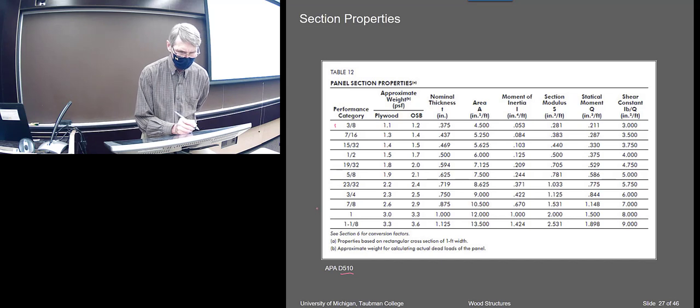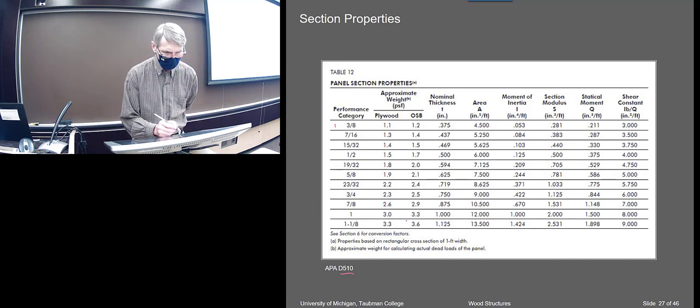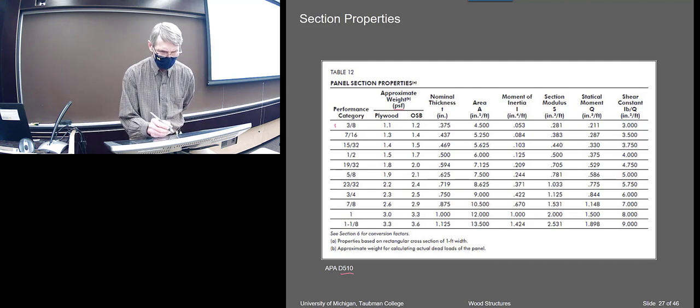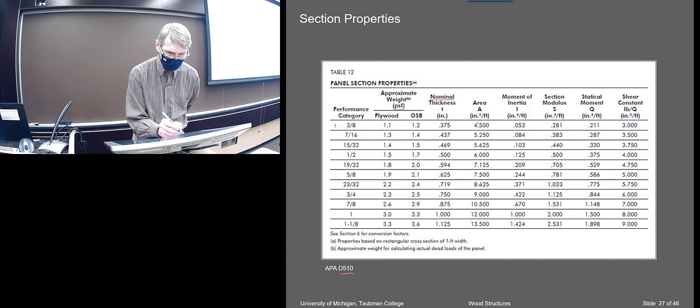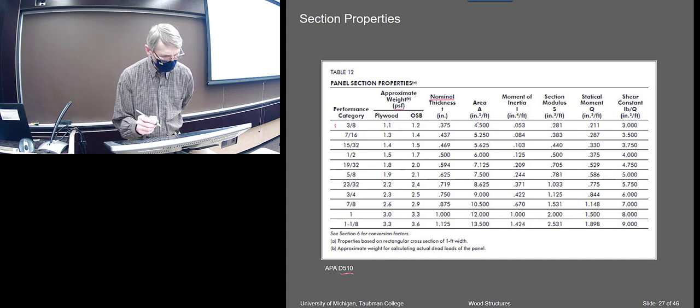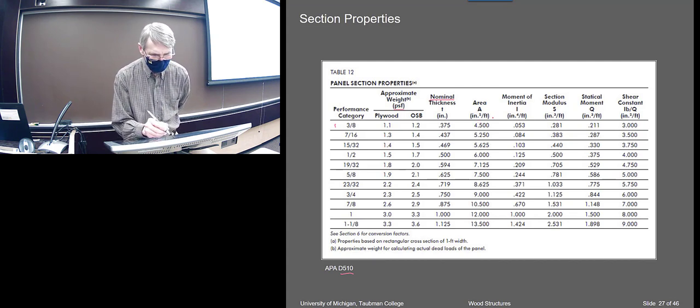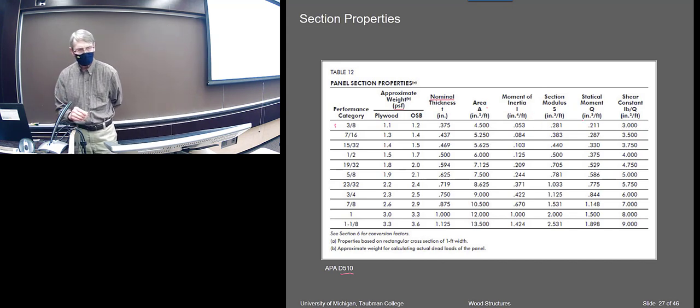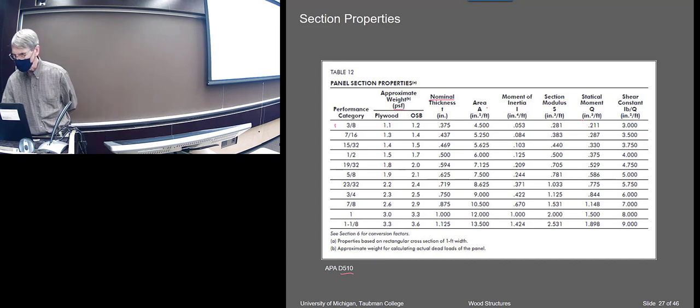So given a certain thickness, this gives you all the information about the weight, the nominal thickness, the real thickness, and the cross-sectional area, moment of inertia, and so on. Those would be the values that you'd plug into those equations.